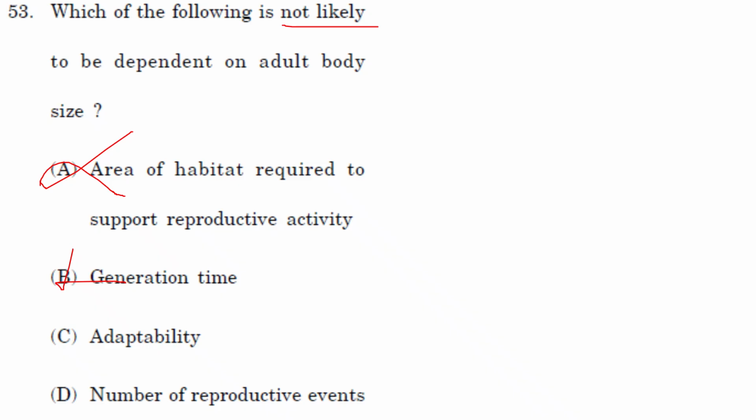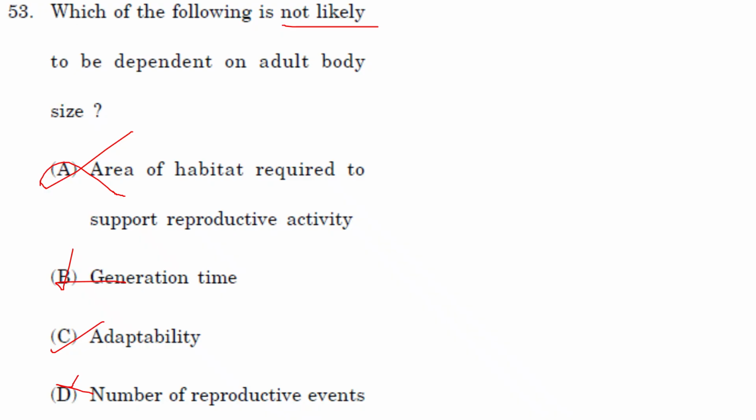That means larger organisms have fewer reproductive events, spread over a longer lifespan, whereas smaller organisms have shorter reproductive events and don't have longer lifespans. So that is also dependent, whereas adaptability is not dependent on the adult body size.